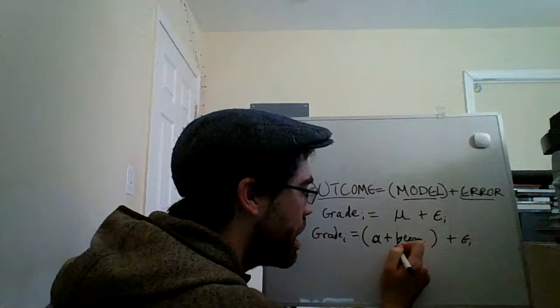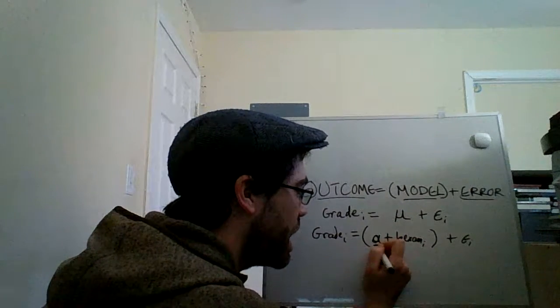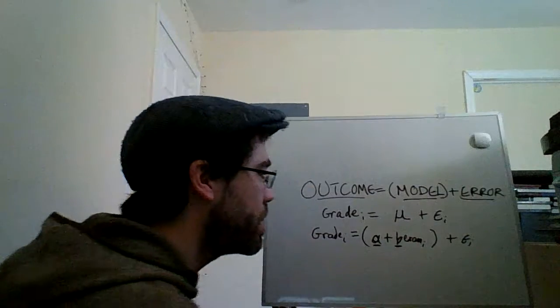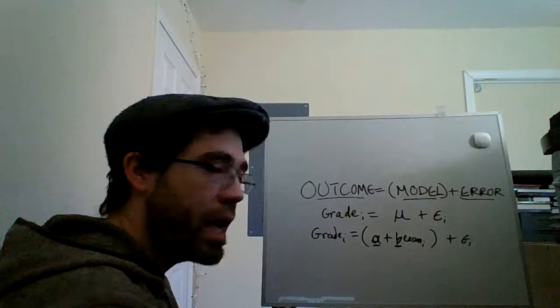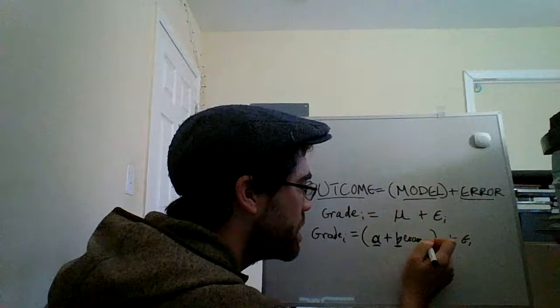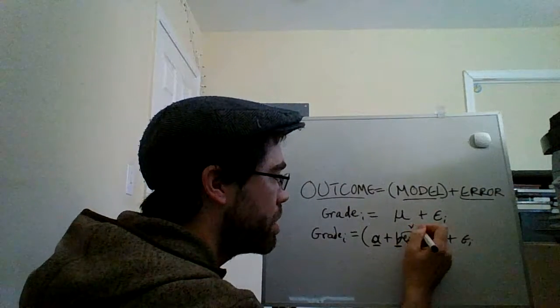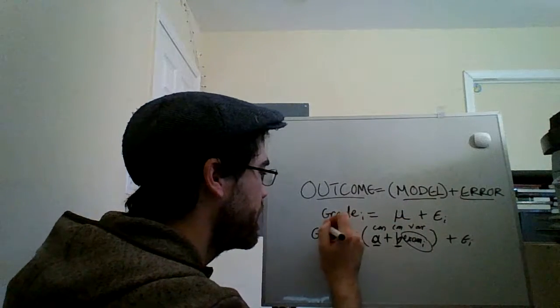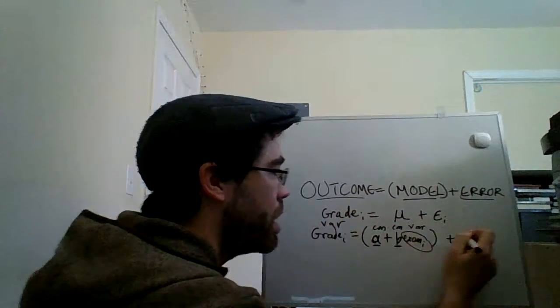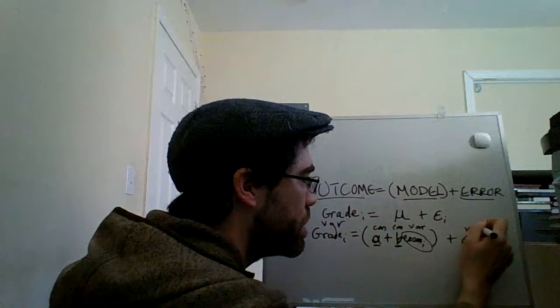This alpha and beta, in this case, those are Greek letters typically, are constants. They're the same for every case, but this is a variable. Variable, constant, constant, this is a variable, and e is a variable.